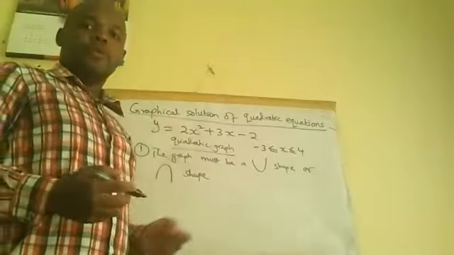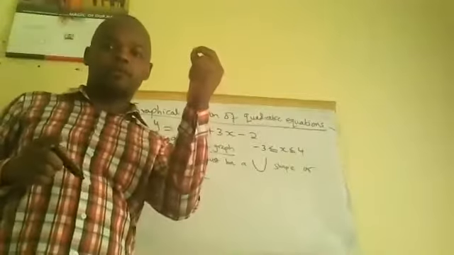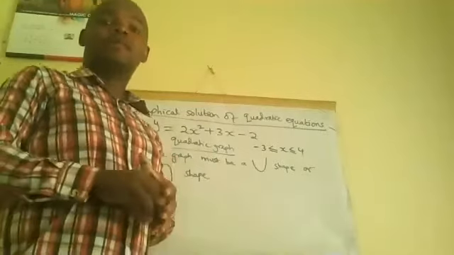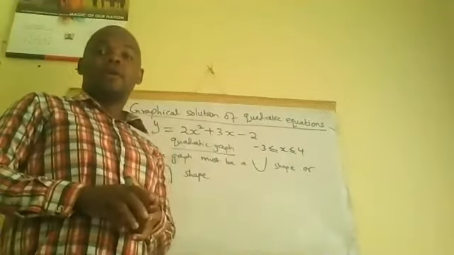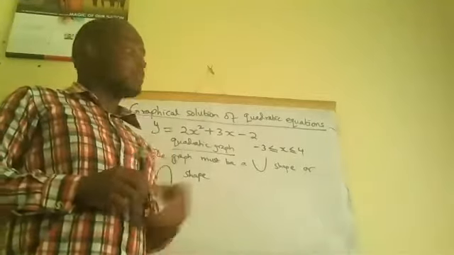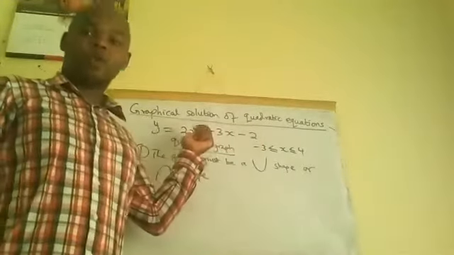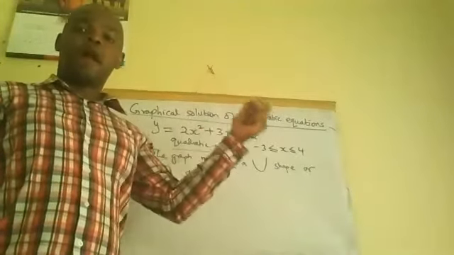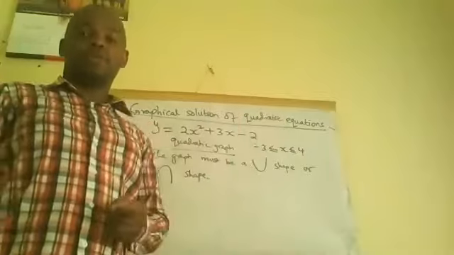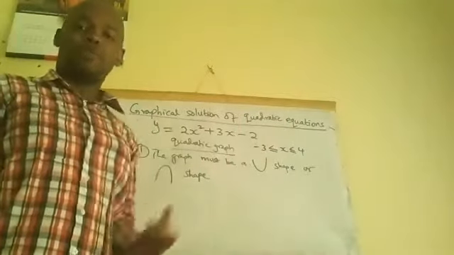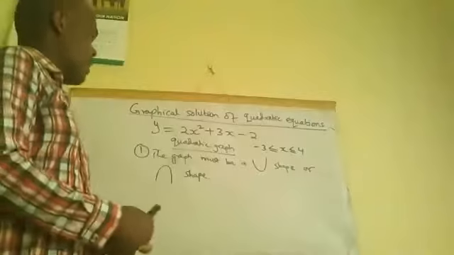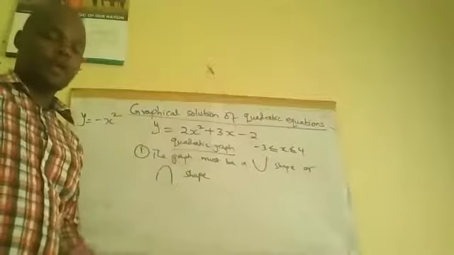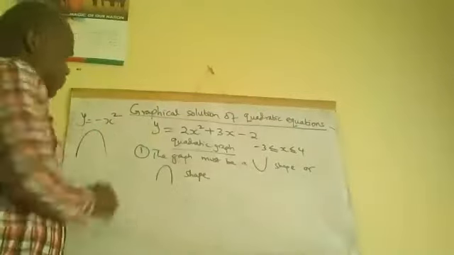Number two, if the coefficient of x squared is negative, then the graph is N-shaped. So for instance, if I have a graph of y equals -x squared, then that one will be N-shaped.